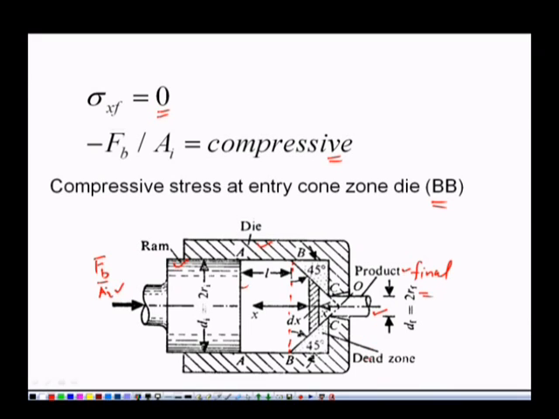Finally we have a radius also, and whatever we are observing here is taken as a dead zone, because we are keeping it 0, meaning it is part of the deformation along BC.